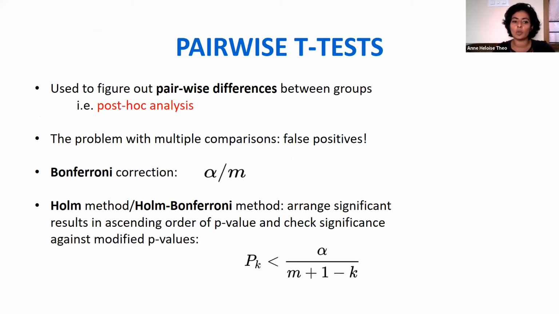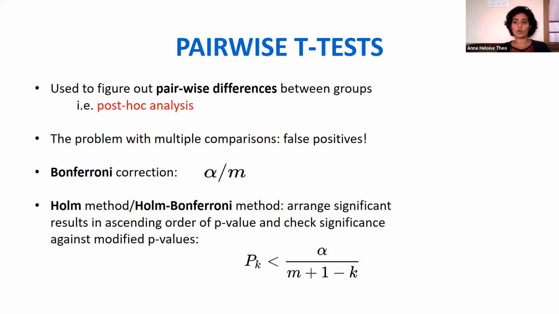And then you have another method that I'll cover, which is the Holm method, or the Holm-Bonferroni, which is much less conservative than the Bonferroni correction. As you can imagine, with Bonferroni correction, alpha divided by M, let's say you made 10 comparisons, then the level of significance you expect to see suddenly becomes 0.005, and if you increase it even more, it's going to keep diminishing to a point where it might be pretty unreasonable to expect many significant results.